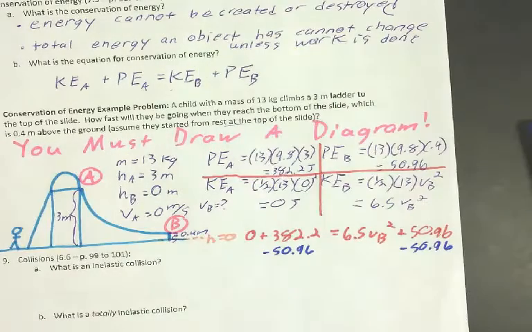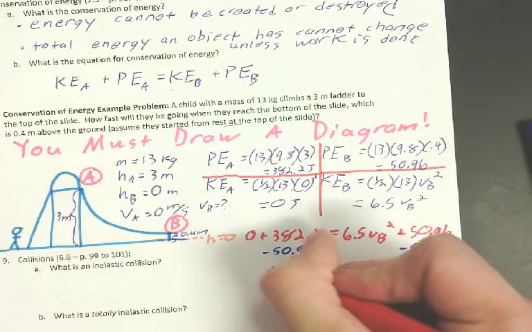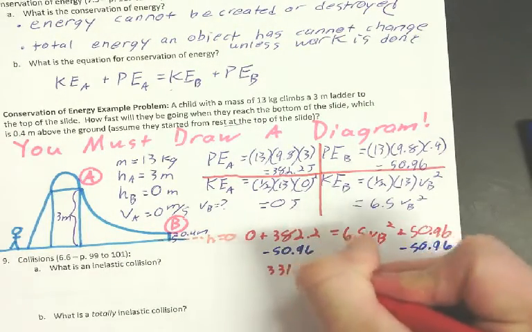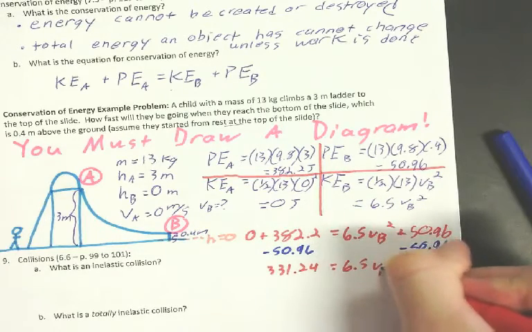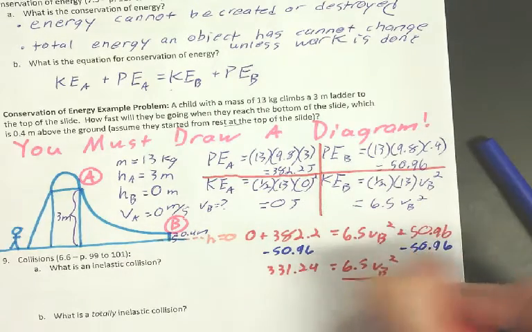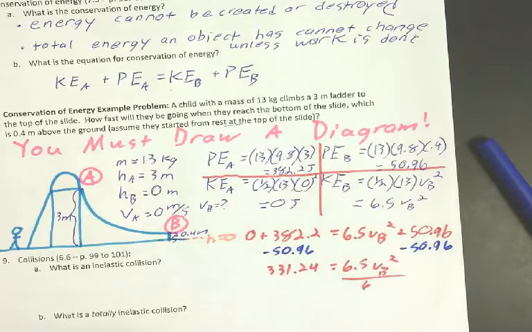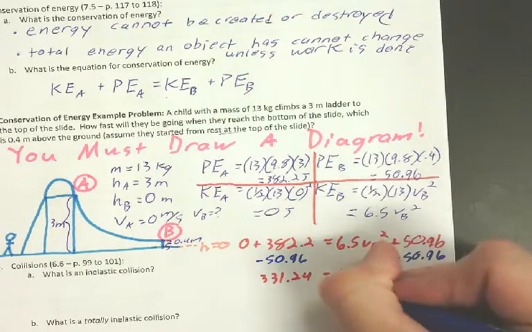Okay, so when I do that, I get 331.24 equals 6.5 VB squared. Divide both sides by 6.5. Let's stick to my sign convention.